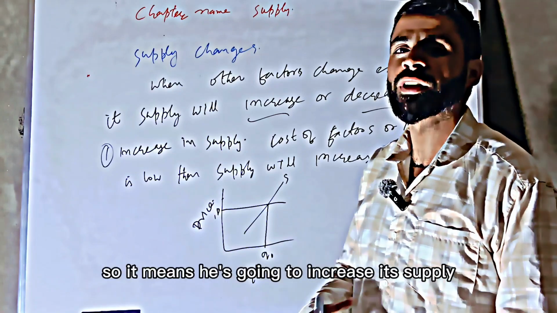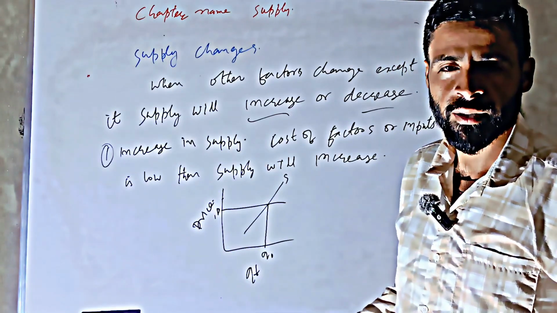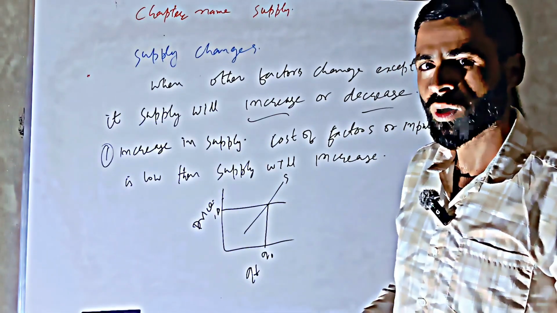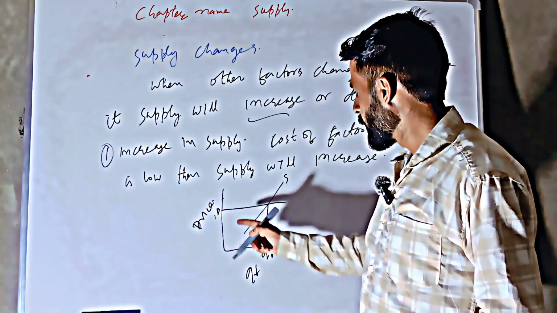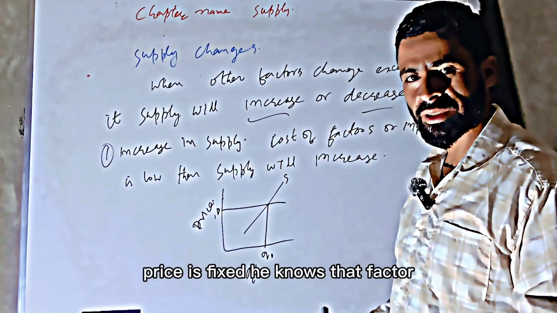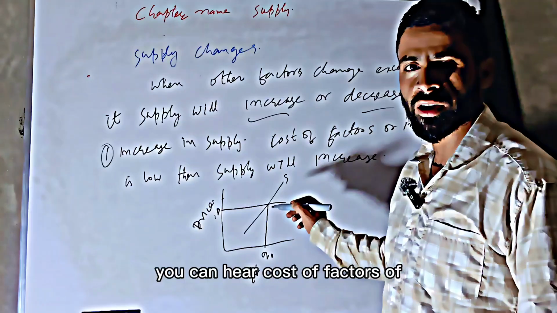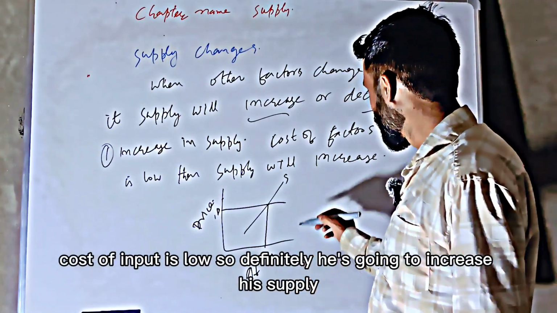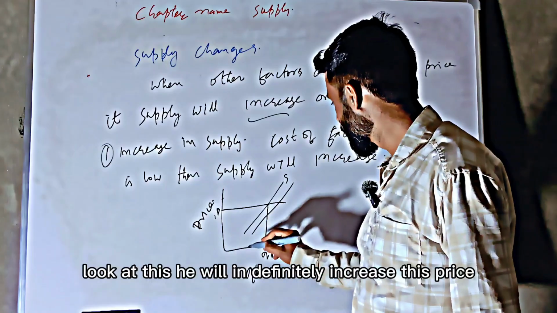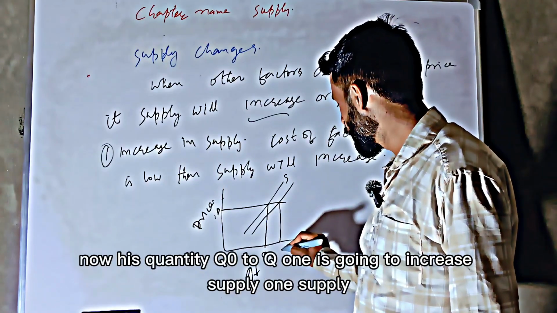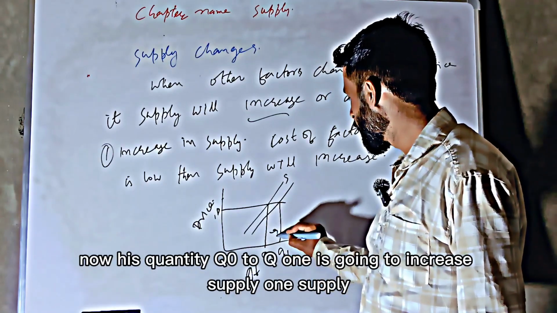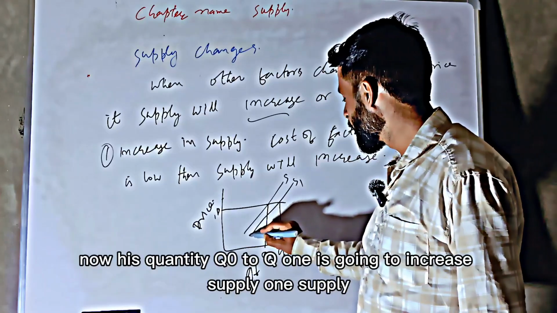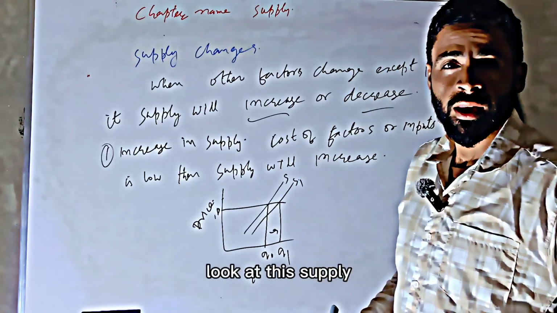So it means he is going to increase his supply. How? Look at this. Price is fixed. He knows that the cost of factors or cost of input is low. So definitely he is going to increase his supply. Now his quantity Q0 to Q1 is going to increase. Supply 1, look at this supply.